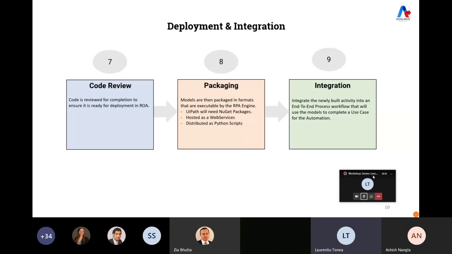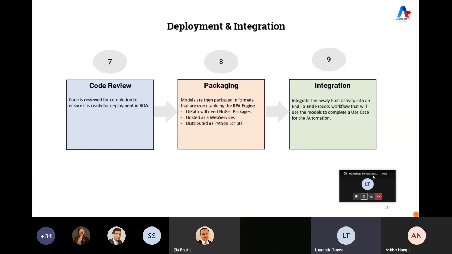And on the packaging, this can come in many forms depending on the solution that was chosen for the machine learning implementation. If it's a lightweight model, it can be distributed with a UiPath project, for example. This way you can keep the versioning the same as the UiPath.